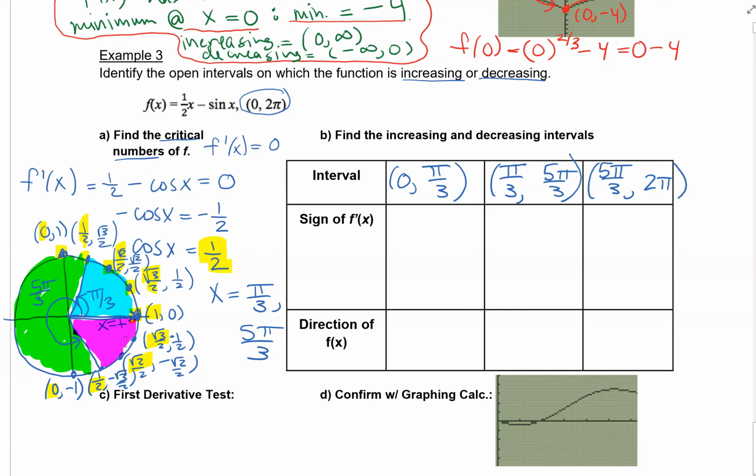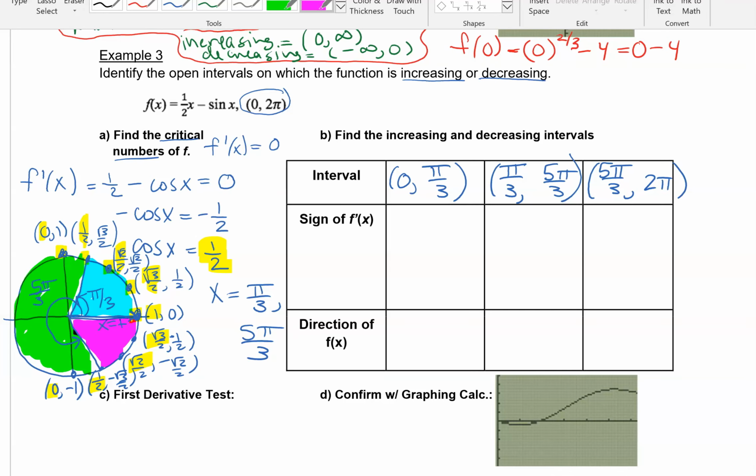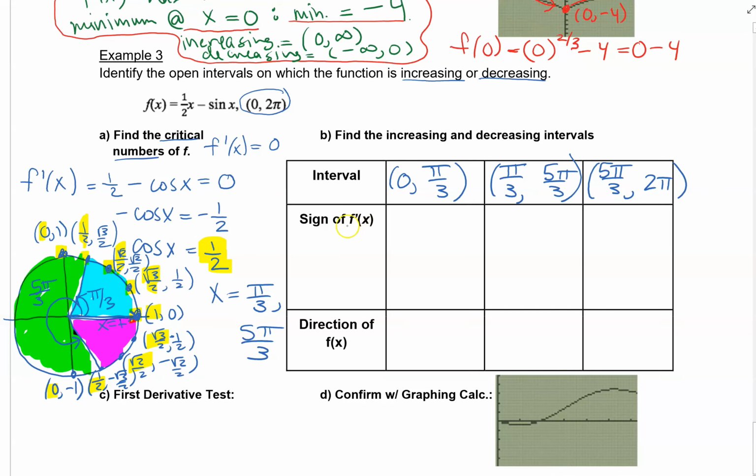I'm looking at it in terms of the unit circle because it'll help me when I'm trying to figure out the sign of my f prime. Remember, f prime is 1/2 minus cosine. So if I look at an angle between 0 to pi over 3, maybe this one, or maybe pi over 6.